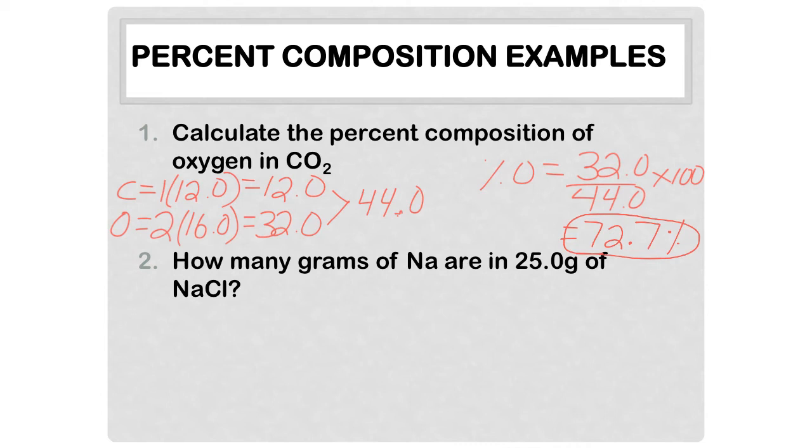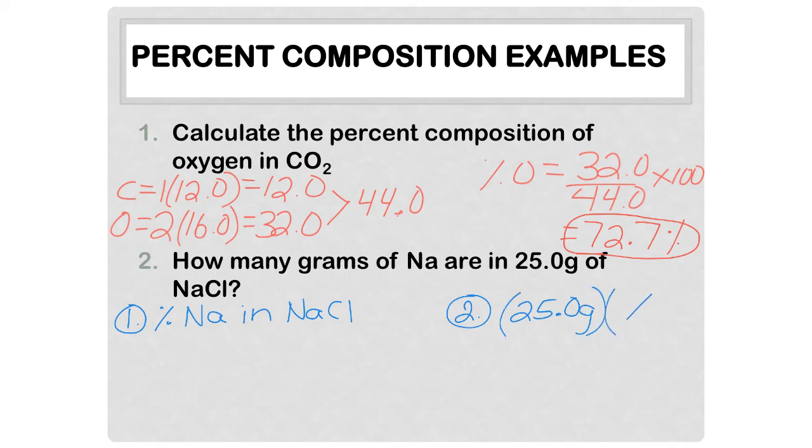Or another way you could do this is you could figure out the percent of sodium by mass in NaCl. And then once you do that, you could just take 25 grams times that corresponding percentage that you found in the previous part. Either way will work. This is probably easier than the mole way, but you could do the mole way if you wanted to.